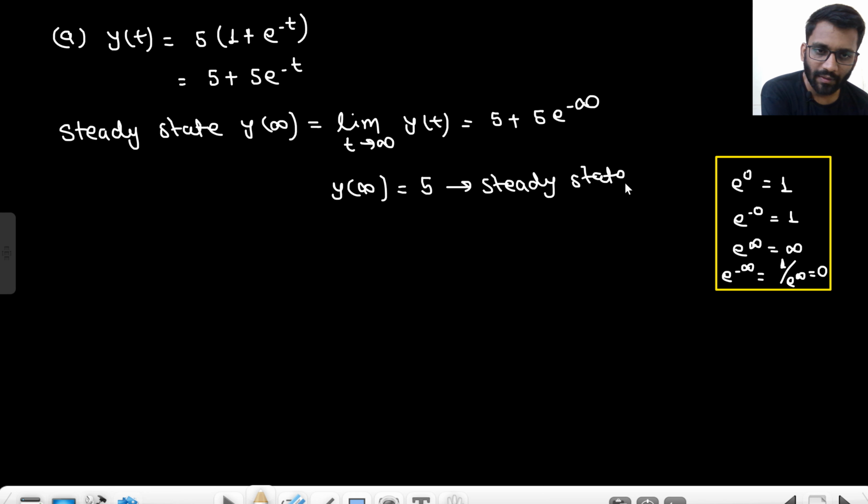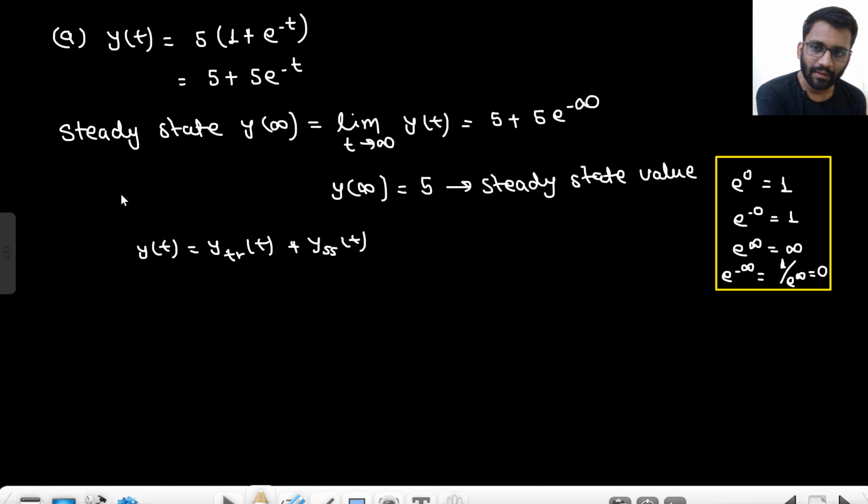Now what is y(t)? y(t) has two parts, y transient(t) and y steady state(t). What is y(t)? 5 plus 5 e to the power minus t. So there will be some transient part and steady state part. What is the steady state part? That is 5. So what is the transient part?